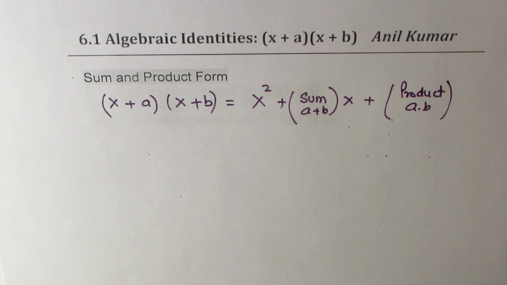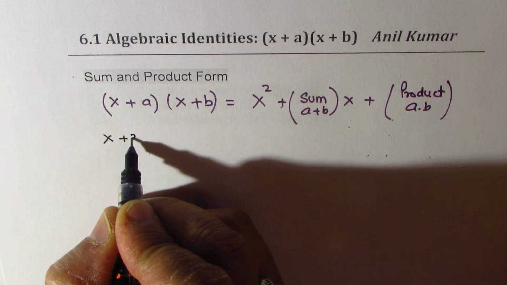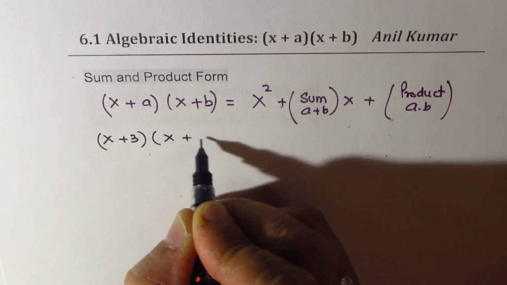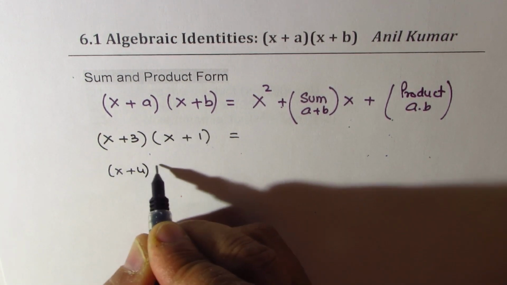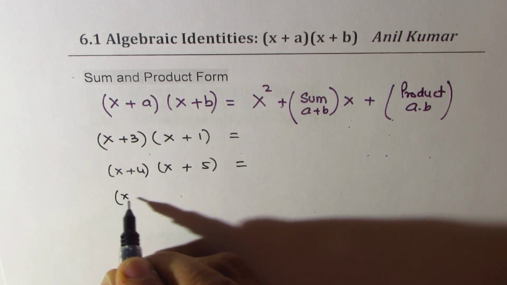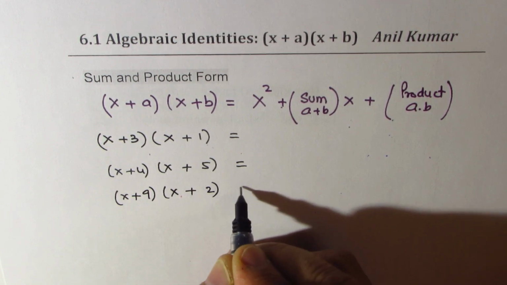Do you see that? So it's kind of simple to see it in this fashion, and it helps us to do many examples. So we can take a few examples now. So we can practice finding the product of, let's say, (x + 3)(x + 1) equals what? (x + 4)(x + 5) is equal to what? (x + 9)(x + 2) equals what?